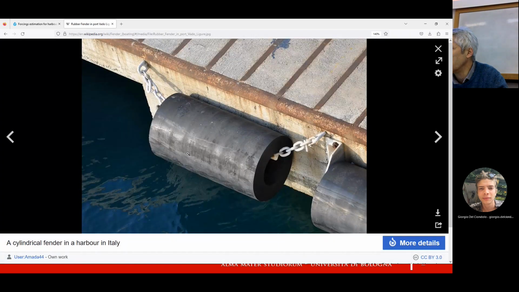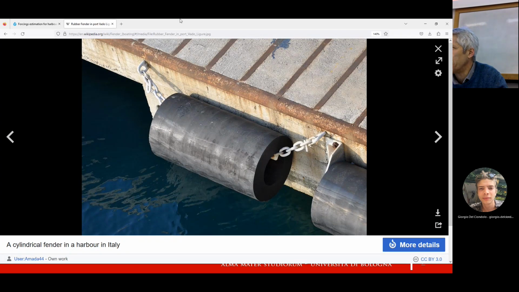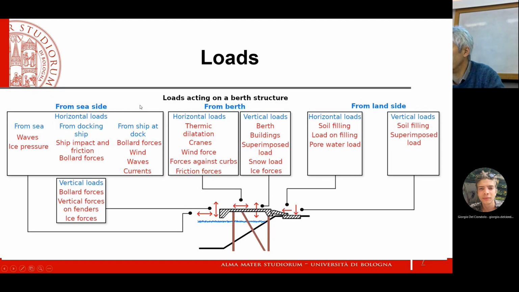You see a cylindrical fender in a harbor. These are an essential element of berths in order to avoid damage when ships are approaching the berth. Okay, good. Let's go back here. So the vertical forces on fenders can cause a vertical load, and then there are the ice forces which can also cause a vertical load.